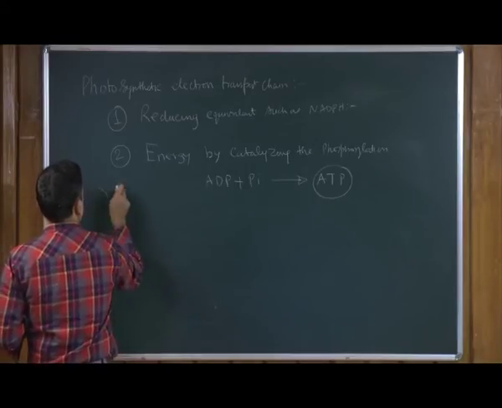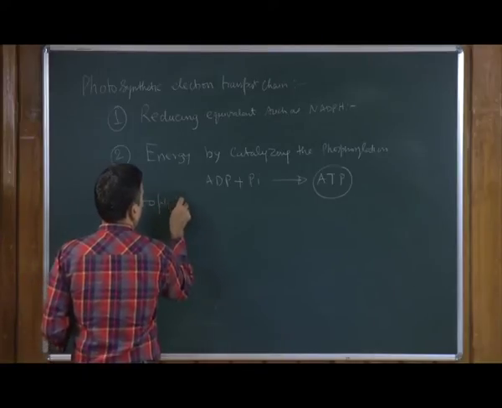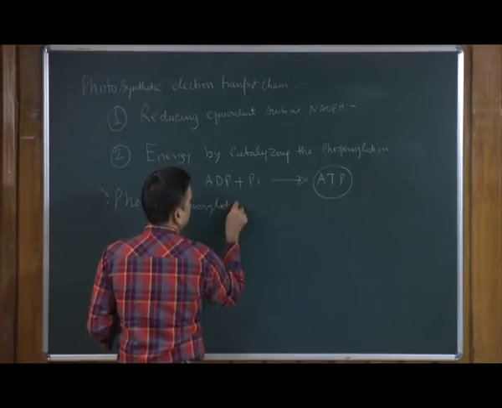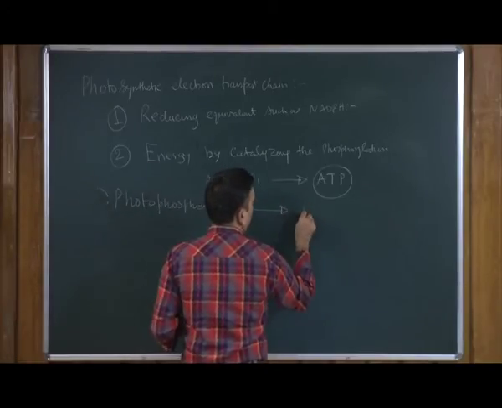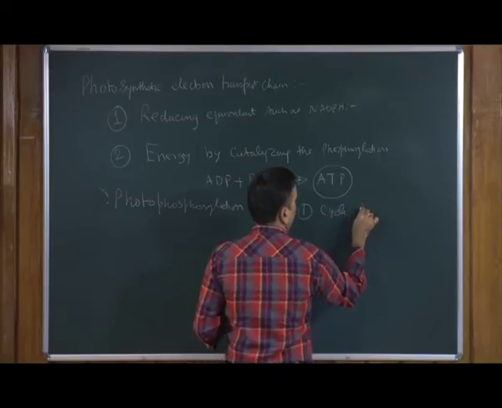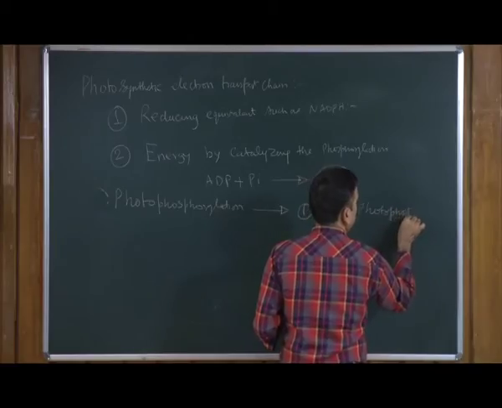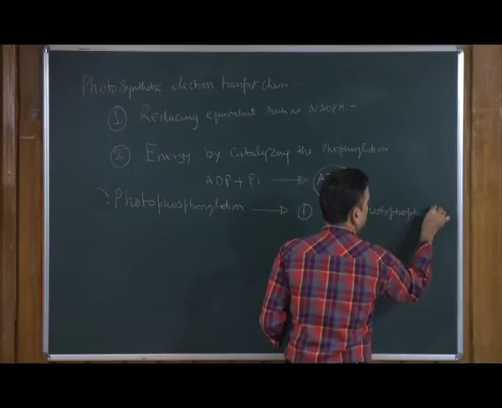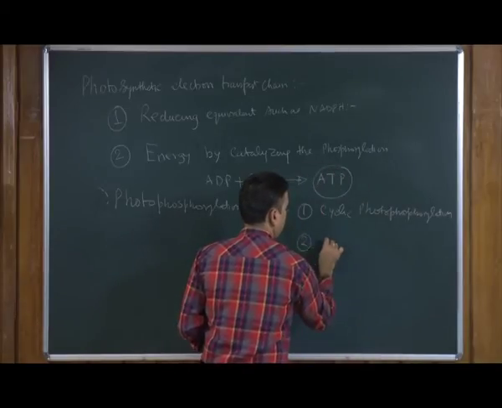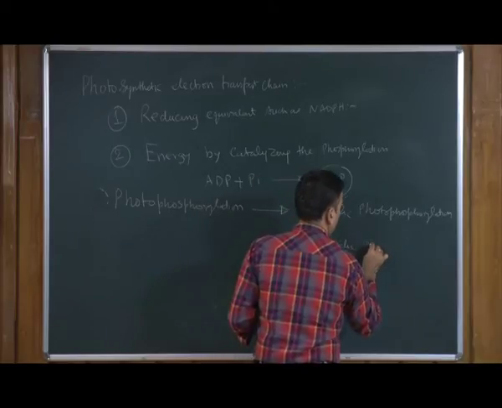So, photophosphorylation is of two types. One is cyclic photophosphorylation and number 2 is acyclic photophosphorylation.